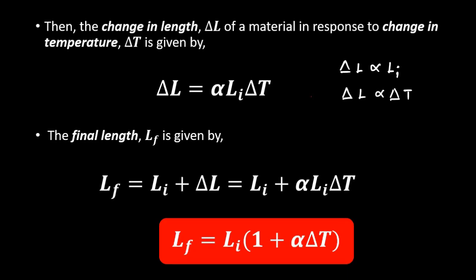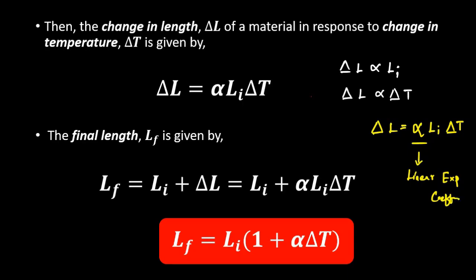When we combine these two, it becomes delta L is equal to alpha Li delta T. Here alpha, don't confuse proportionality with alpha. This is the alpha symbol, this is the proportionality symbol, okay? So this alpha is the linear thermal expansion coefficient.